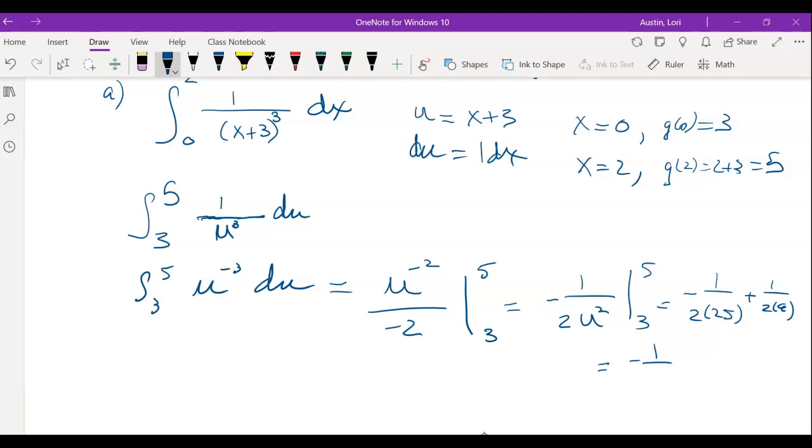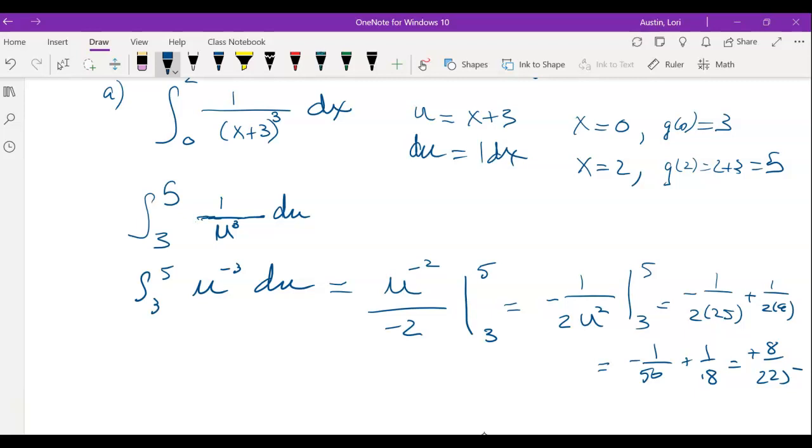It becomes 8 over 225. That's positive 8. You can do the fraction work on your own.